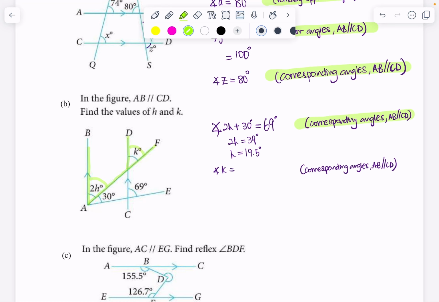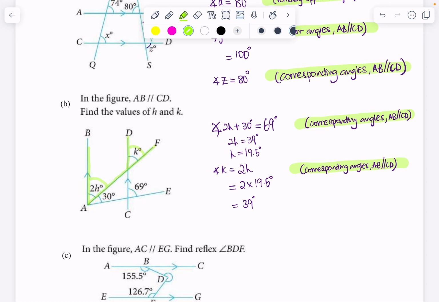Therefore, K will be equal to 2H. We have found H to be 19.5. So K would be 2 times 19.5, which is 39 degrees. Now, why were we able to conclude 2H is equal to K? Because of the corresponding angles property.